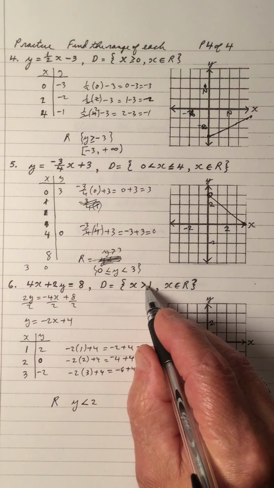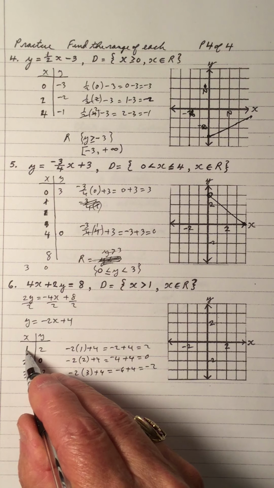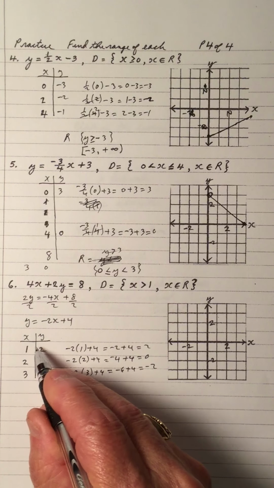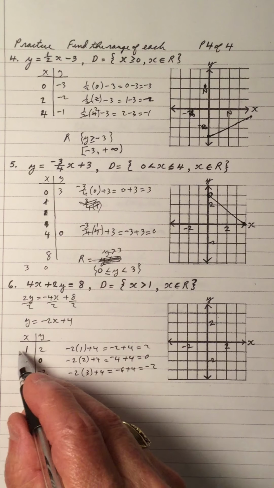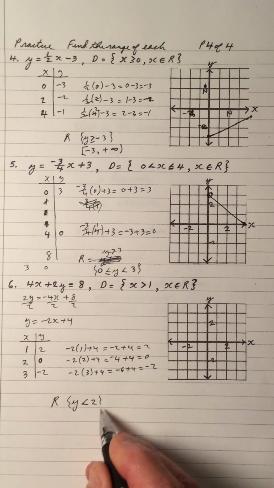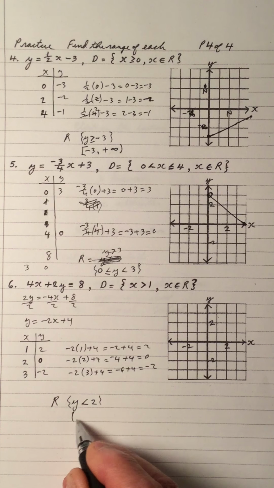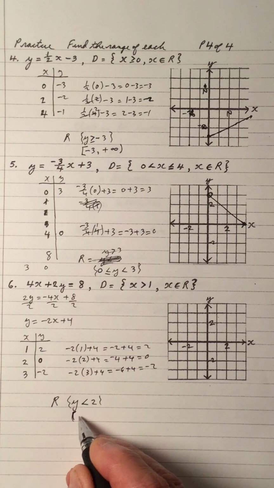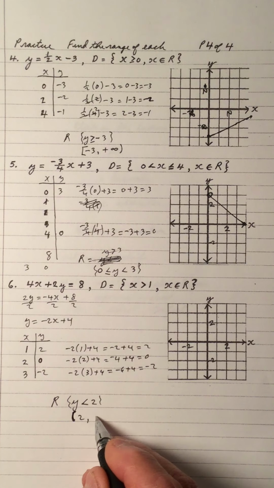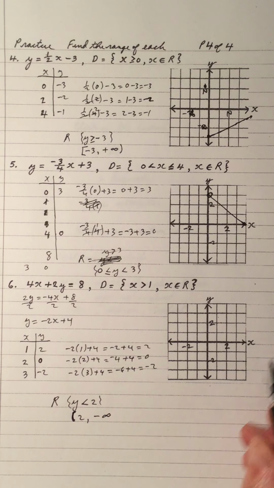There's no equal sign because you can't have x equal to 1. So this point is not in this graph. But all other points of x, 2 and 3 and so on, are. So that's your range. It starts open at 2, going less than to negative infinity.